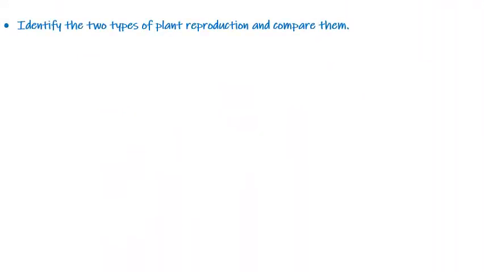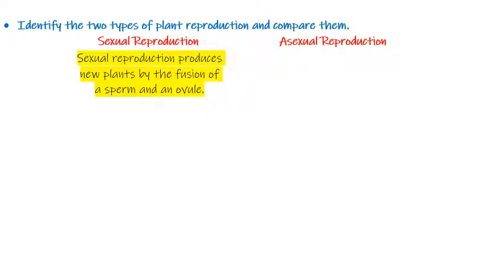So that's it for today. We have 2 types of plant reproduction: sexual reproduction and asexual reproduction. Sexual reproduction needs the use of the female reproductive organ and the male reproductive organ.